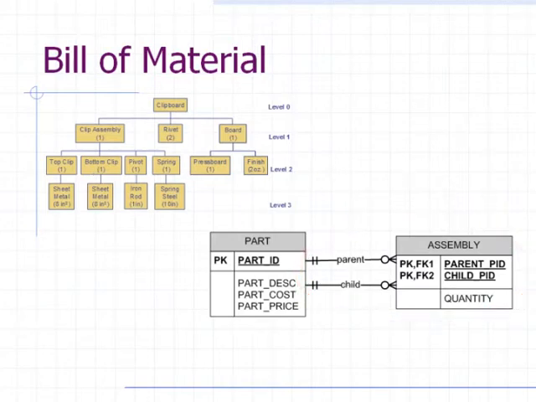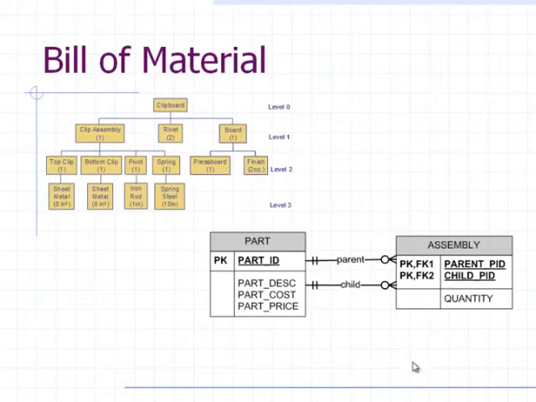So in this figure, you can see from part to assembly, there are two one-to-many relationships. The first relationship is as a parent, one-to-many. The second relationship is as a child, one-to-many. So it's pretty similar to other associative entity patterns, like course registration.